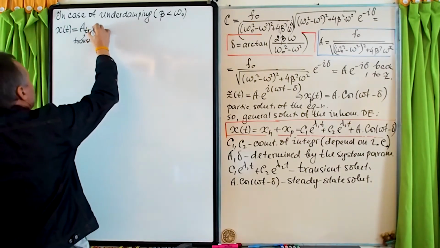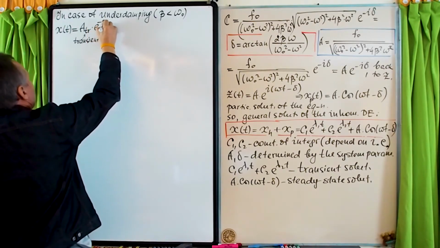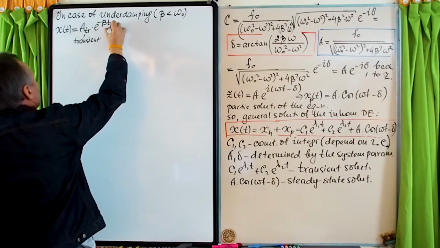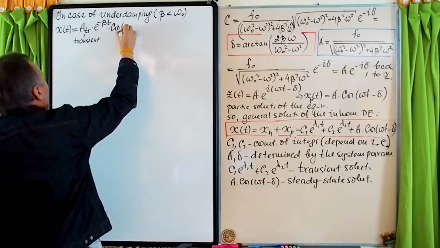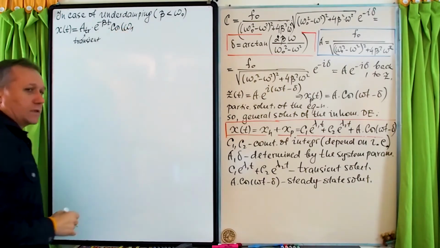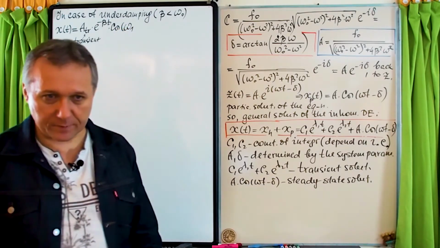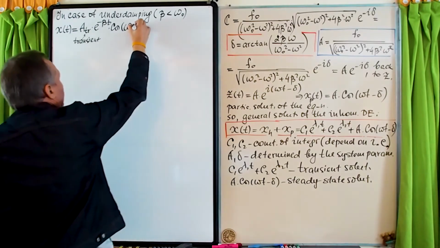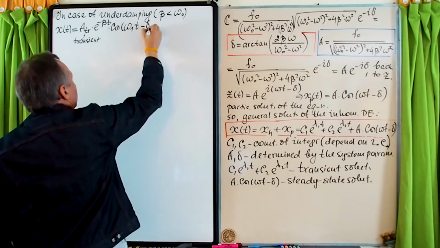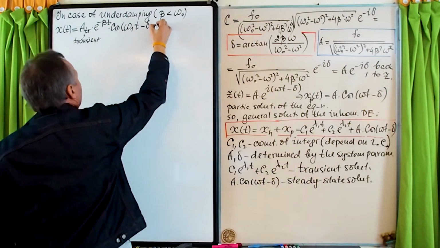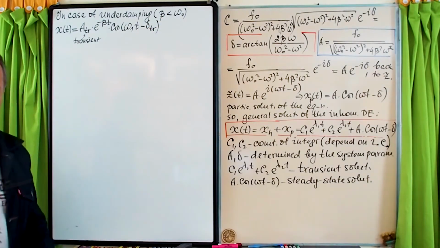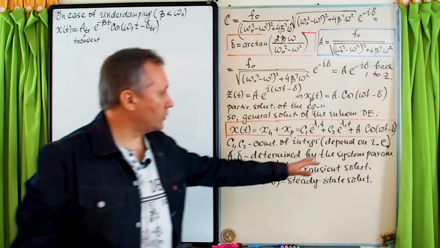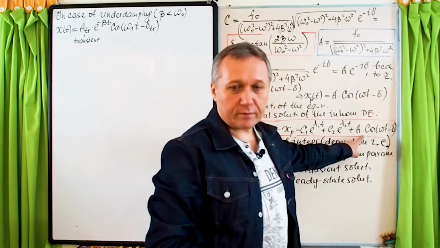So it will be e to the power of minus beta t, and cosine of omega 1, the frequency of the system in case of damping, omega 1 t minus delta, again tr, again stands for transient, to distinguish them from these constants.